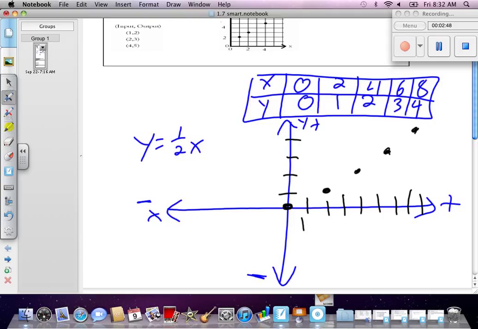Okay, we can label these at the bottom: 1, 2, 3, 4, 5, 6, 7, 8. And then we label up the side: 1, 2, 3, 4. And then we just plotted those points. Remember, x is how much you go over, right or left. y is how much you go up or down. We okay with this? Okay, let's turn it over and look at example 2.